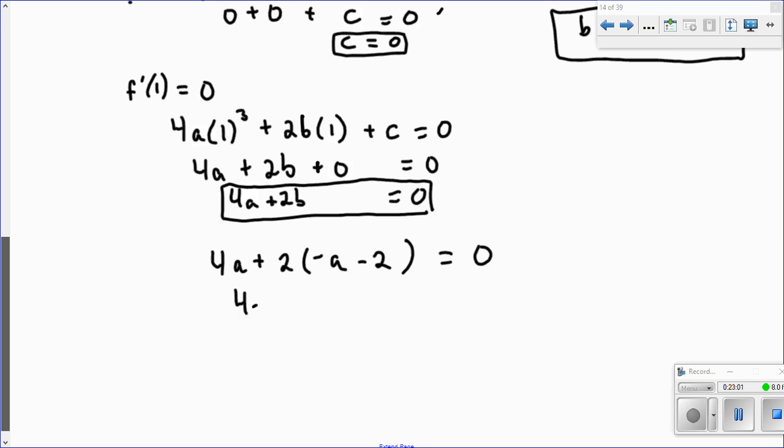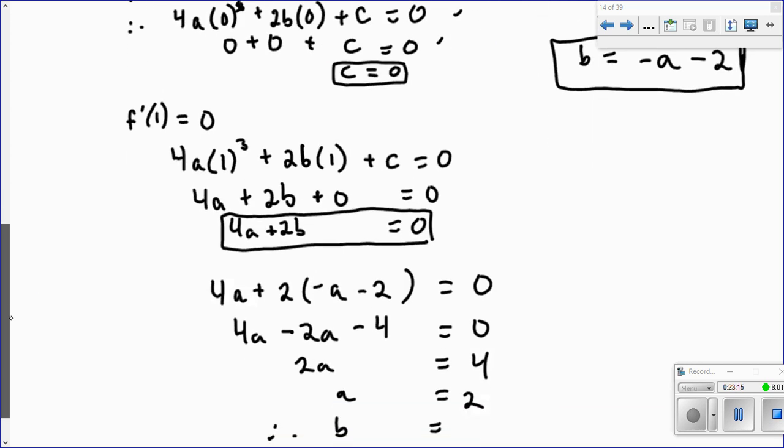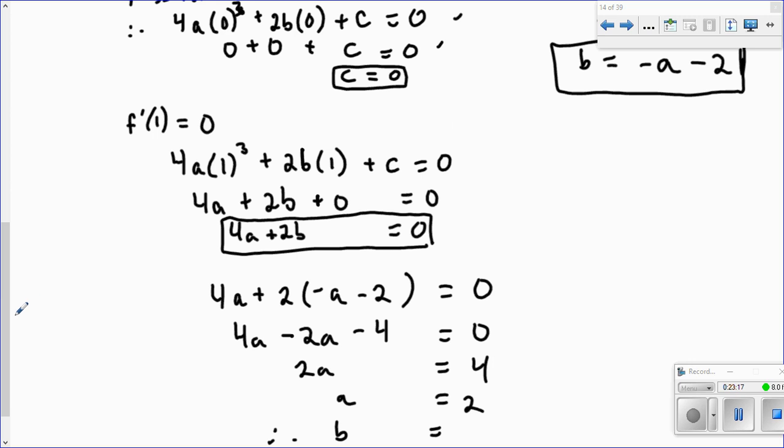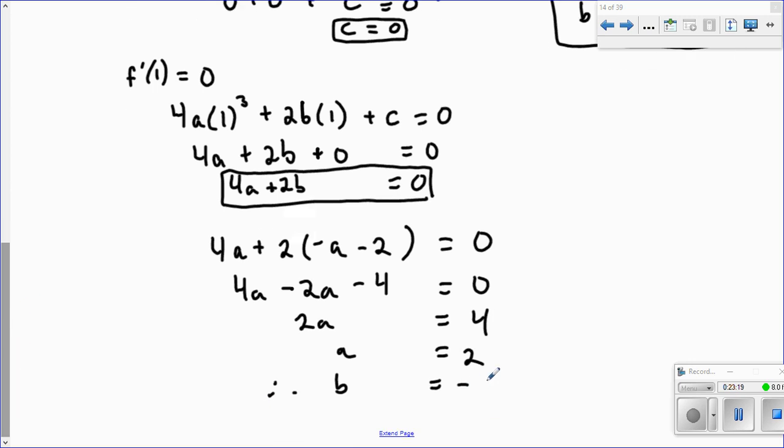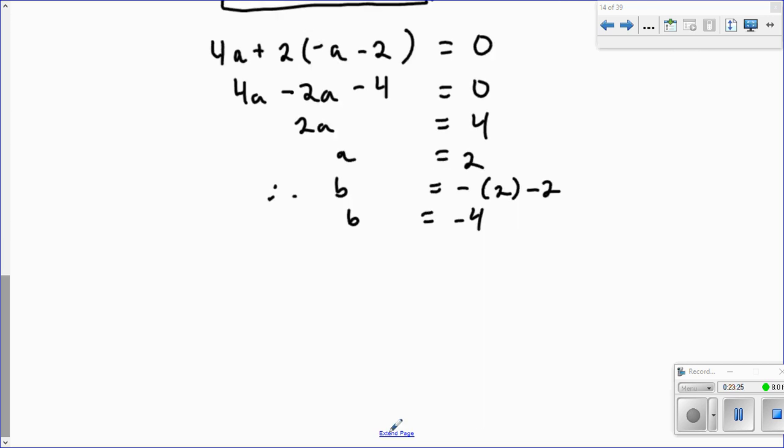So I've got 4a minus 2a minus 4 equals 0, 2a equals 4, a equals 2, and back substitution into my other one here. If a equals 2, b would equal -4.